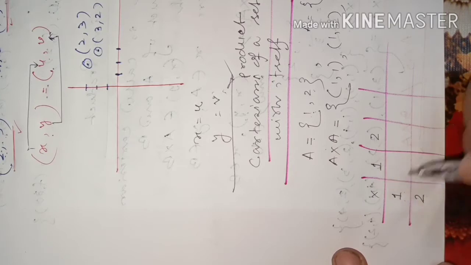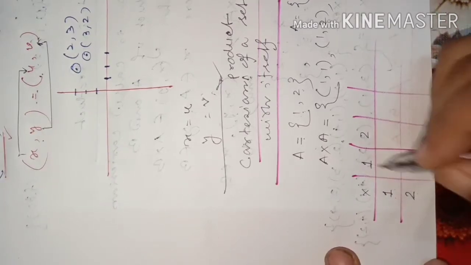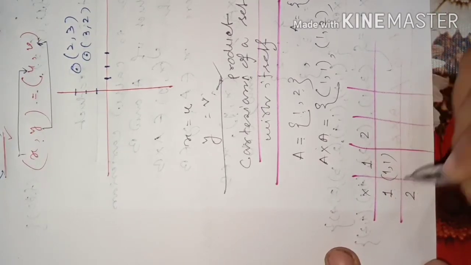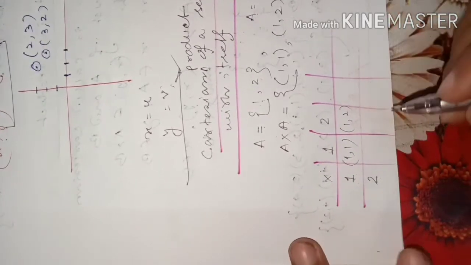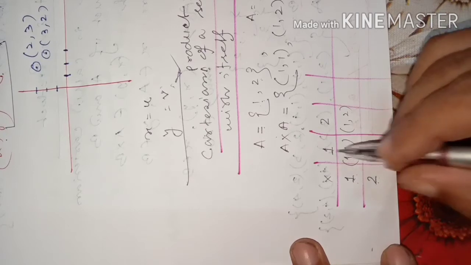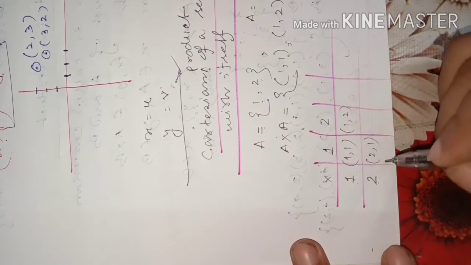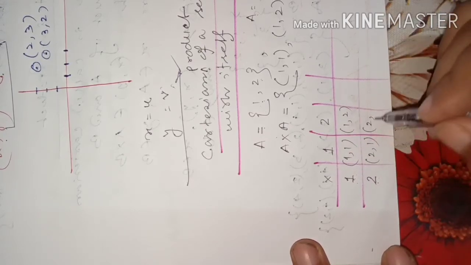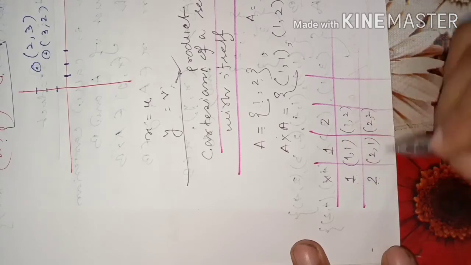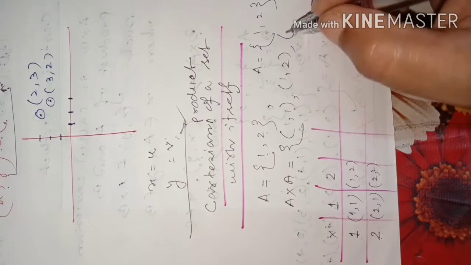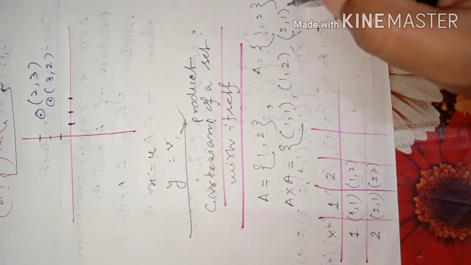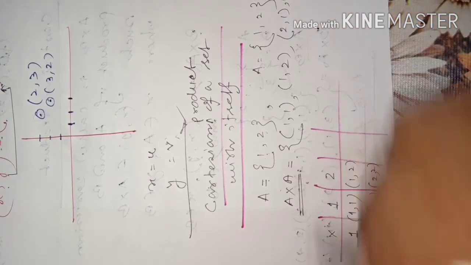Like this you write pairs. 1 you pair with 1, so 1 comma 1. This is one pair. 1 you pair with 2, it will be 1 comma 2. Are you understanding, students? Then 2 you pair with 1, 2 comma 1, and 2 with 2, 2 comma 2. So these are the ordered pairs: 1 comma 1, 1 comma 2, 2 comma 1, then 2 comma 2. These will be the ordered pairs in A cross A.